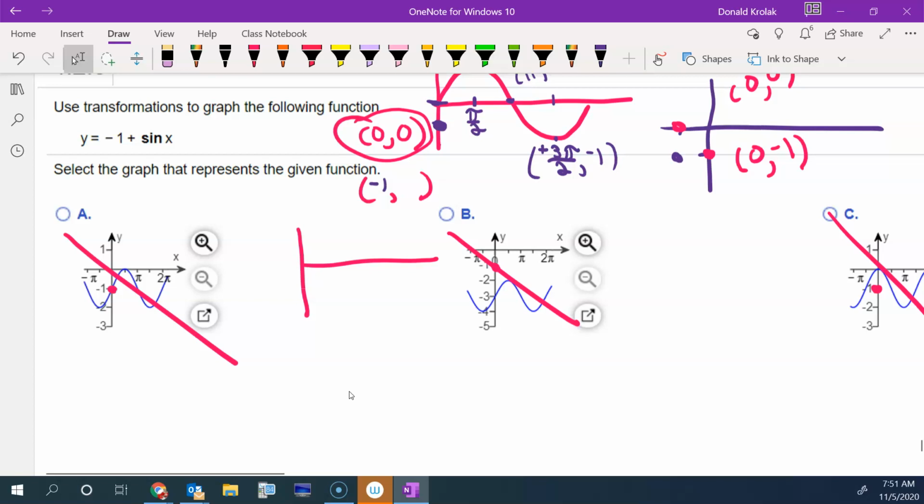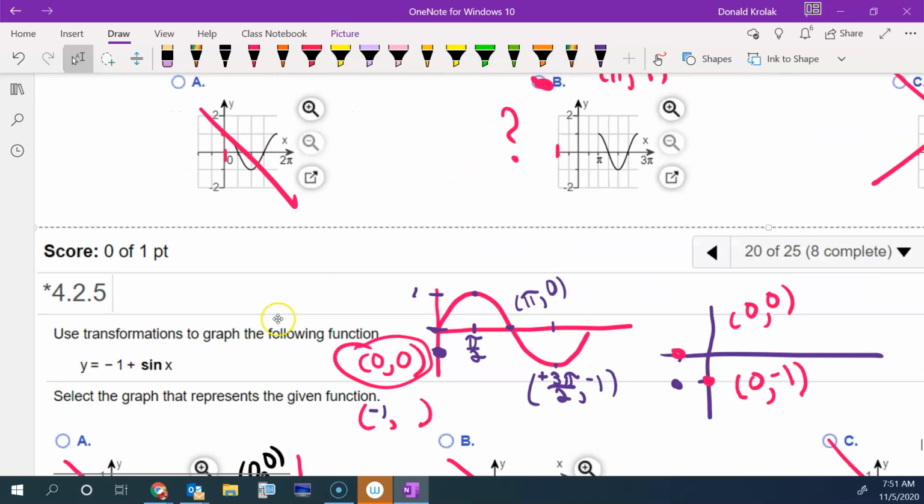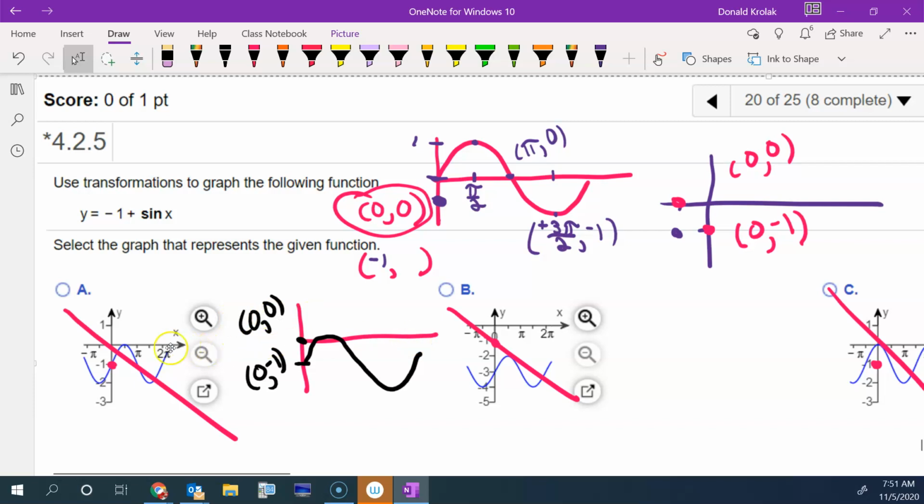All I did was take a sine graph and slide it downward from 0, 0 to 0, -1. So it's like I just grabbed that and I did that. Okay, so this one was A.